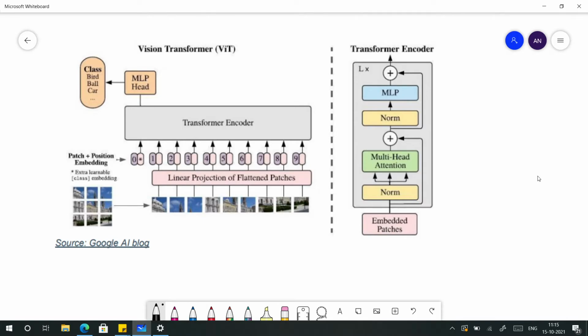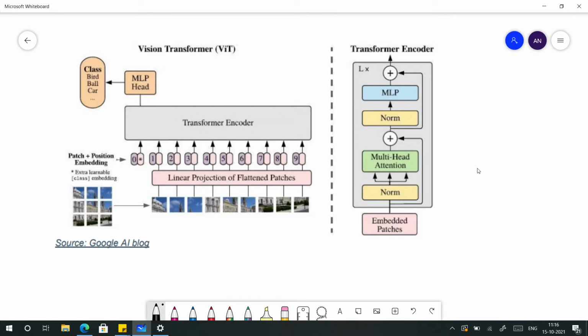Like that, here we are giving position and patch embedding. It will be passed through a linear projection of flattened patches. It's going to flatten all these patches at once, and some position encoding will be added at this step, and later it will be passed through a transformer encoder.